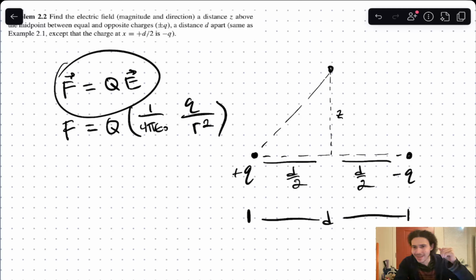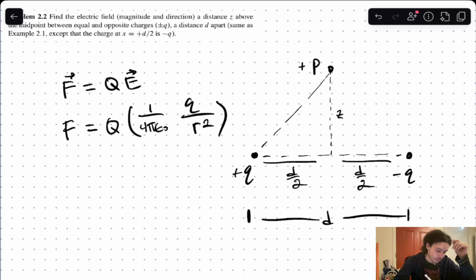With that being said, I still find it conventional, at the point that you're evaluating, to assign the electric field a sign, either positive or negative, and you stick with that during the entire calculation. In this case, I arbitrarily say, well, if there was a charge there, I'd like it to be positive.